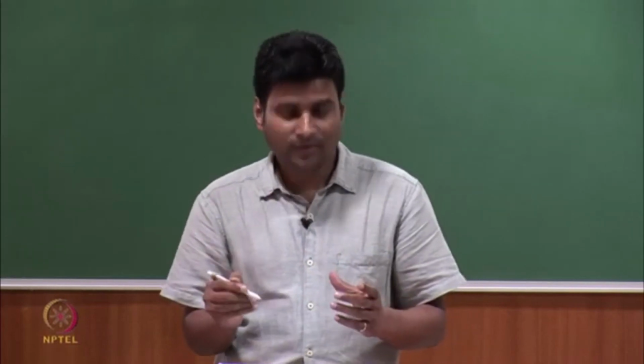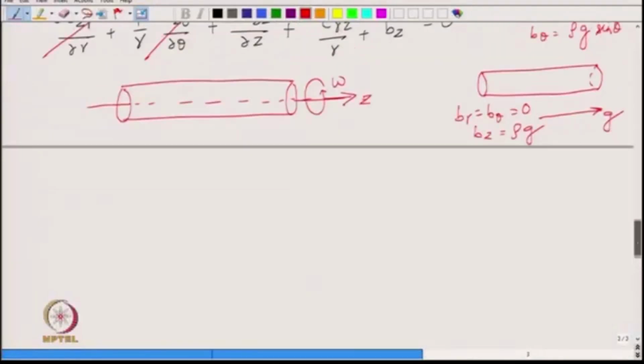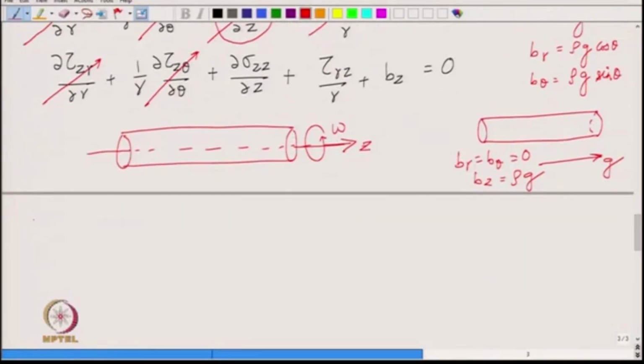So, in case the shaft is rotating, then acceleration in the radial direction will be equal to minus omega square r.